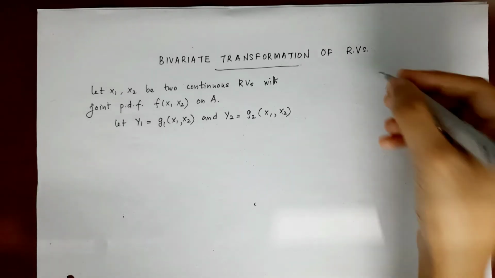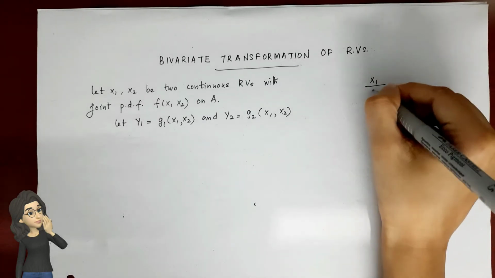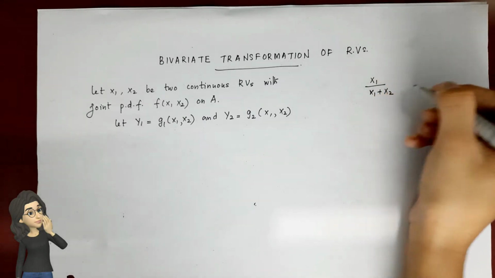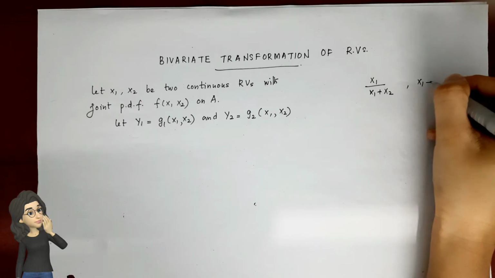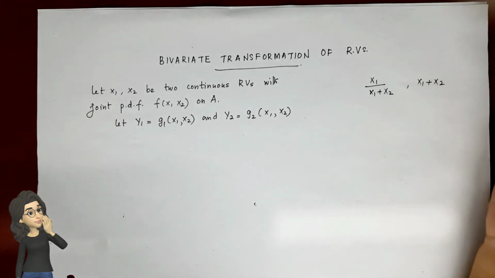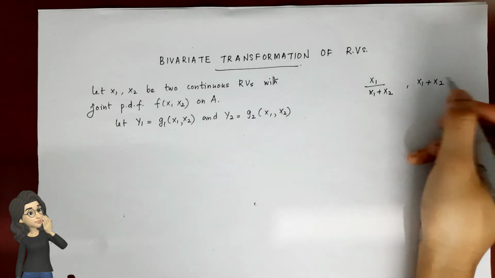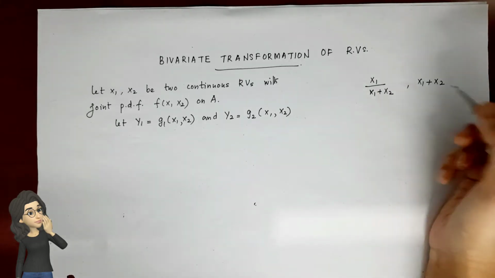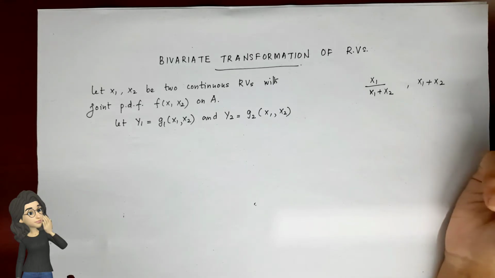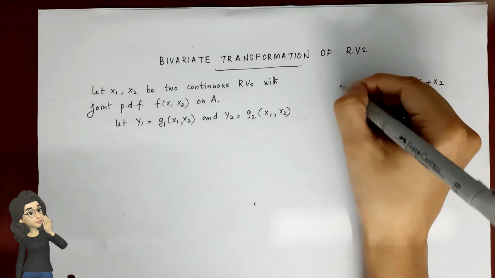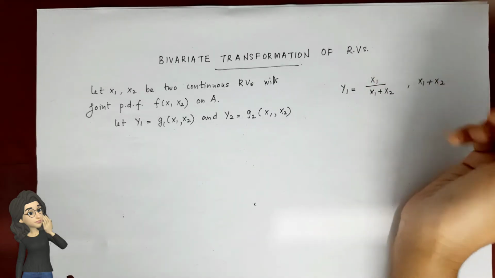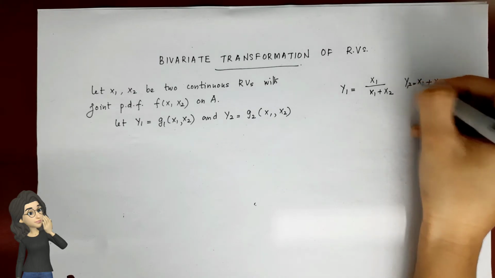It may be, suppose, x1 divided by x1 plus x2, or simply x1 plus x2, or anything so. We are required to find these transformations. So I can write this is equal to y1 and this is equal to y2.